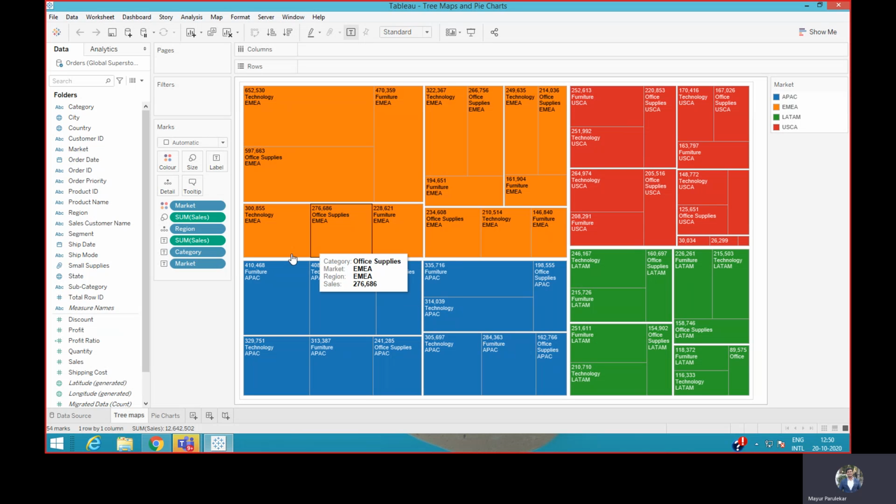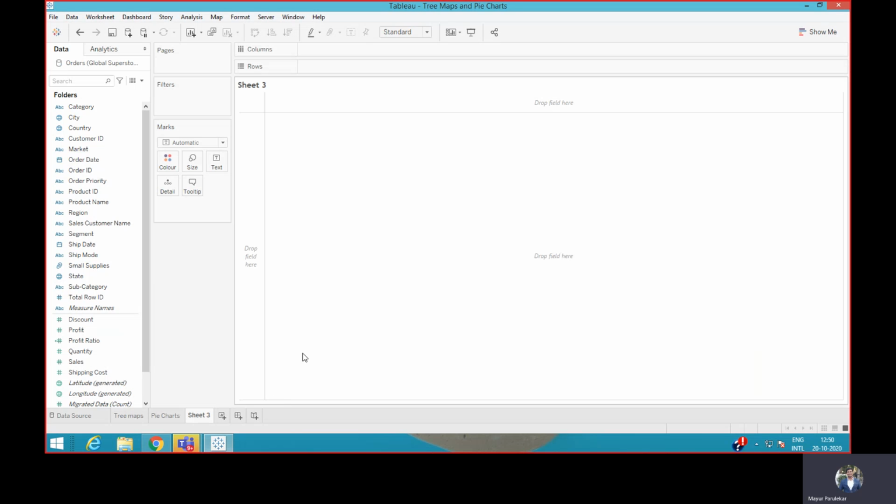Okay, so let's start by building a tree map. What I have in front of me is certain categories of dimensions and measures. Let us assume that this sheet is our data sheet of what exactly I am doing in different regions for certain categories, which are office supplies, furniture, or technology.